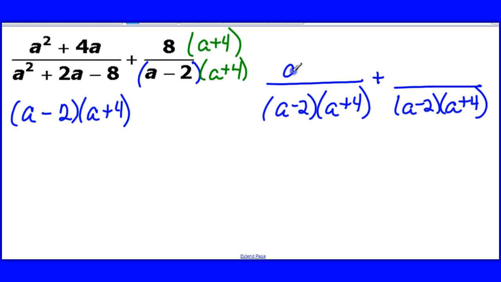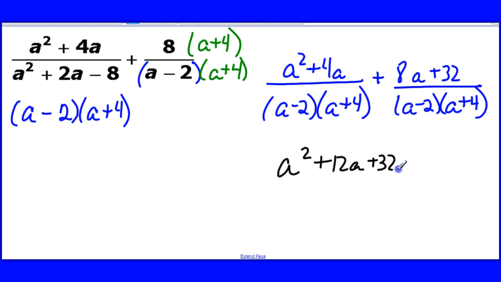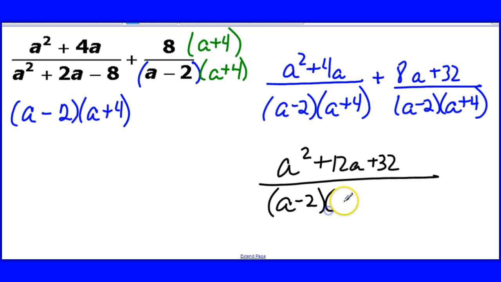Okay, so the first one's going to stay the same, a squared plus 4a. The second one's going to become 8a plus 32, which when I add those together is going to give me a squared plus 12a plus 32 over my denominator of a minus 2 times a plus 4.